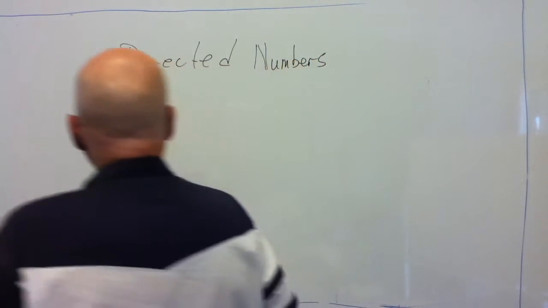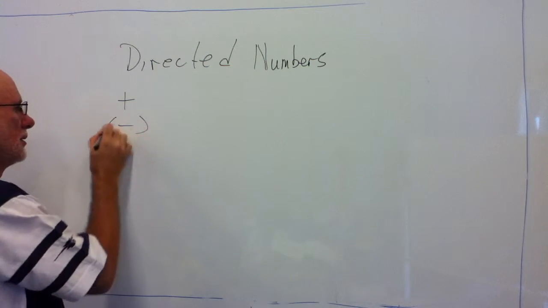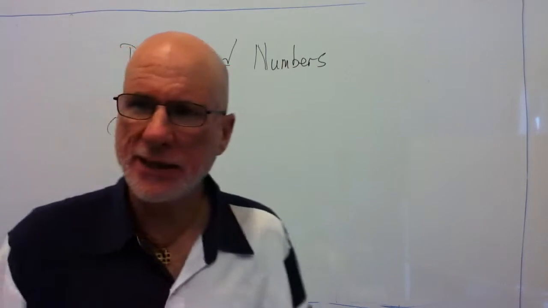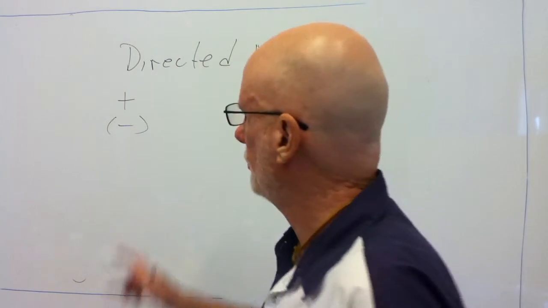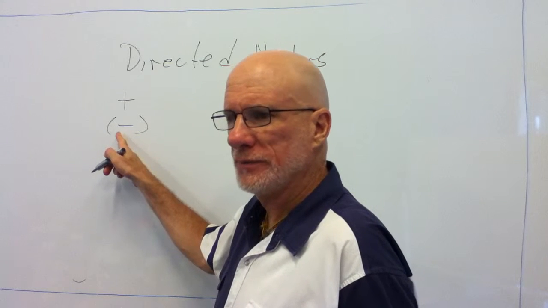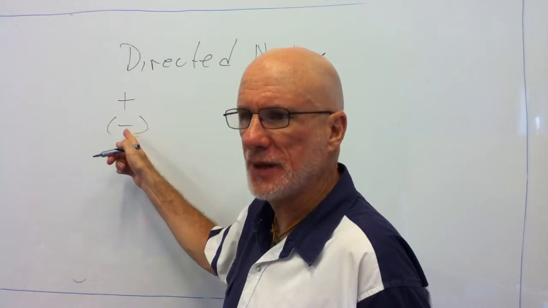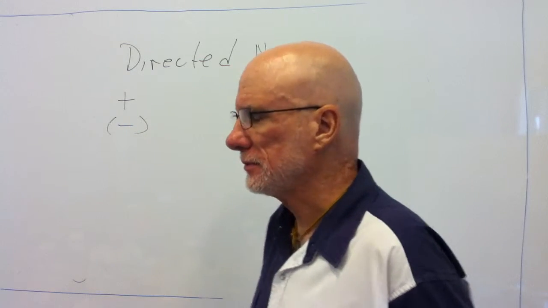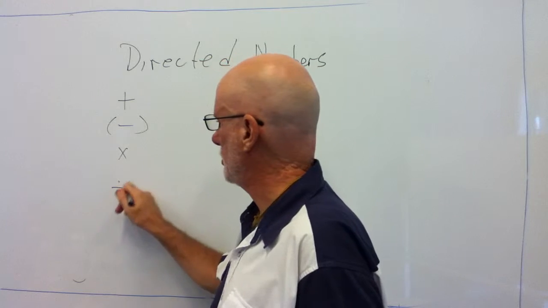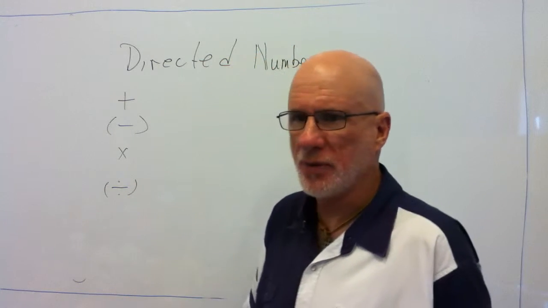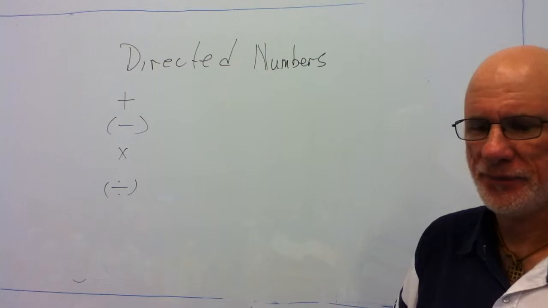There is addition, subtraction, which we'll kind of ignore. You know what subtraction is, right? And then there's multiplication and division, which is also something we're going to talk about.